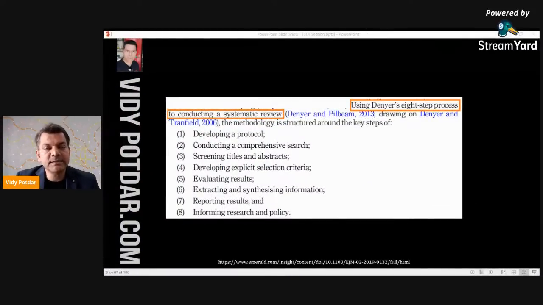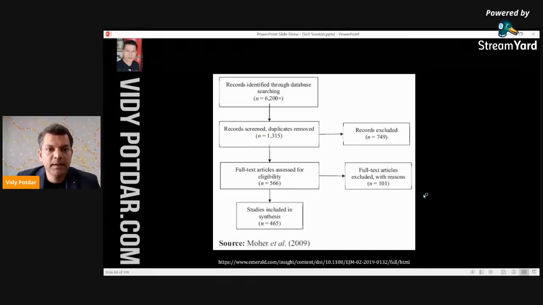But basically, that is a method that is being followed in this paper. This shows the process of paper selection. In this paper, they have selected 465 articles for synthesis.